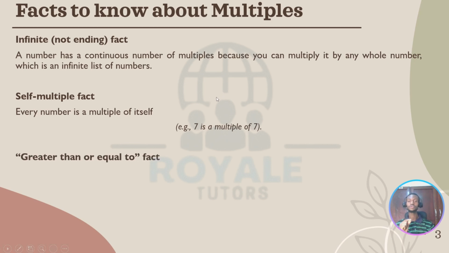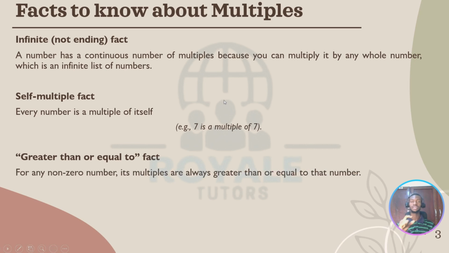Greater than or equal to fact. You need to also understand that the multiples of a number are equal to the number or greater than the number, because when you begin to generate 7 times 1, you get 7, which is equal to 7 itself. 7 times 2 is 14, 14 is greater than 7. 7 times 3 is 21, which is greater than 7. 7 times 4 is 28, which is also greater than 7.